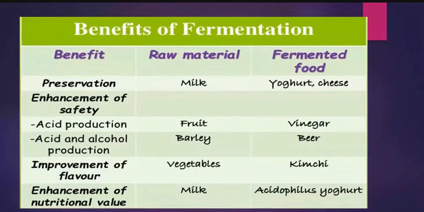Vegetables are fermented and become a product, kimchi. And milk will be converted to have enhanced nutrition. We will get different flavored and enhanced yogurts. Those are examples.